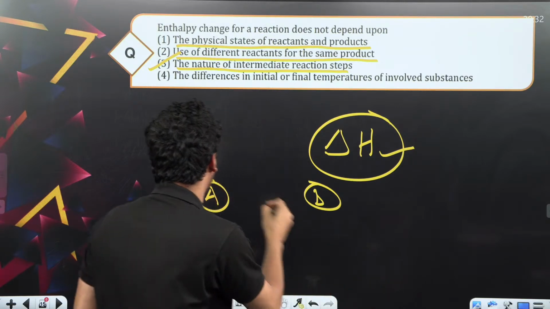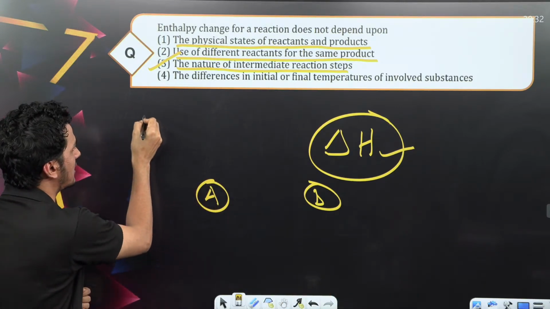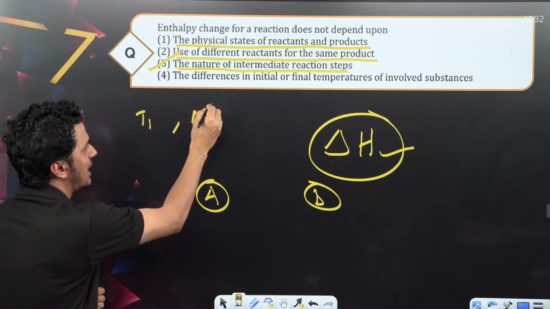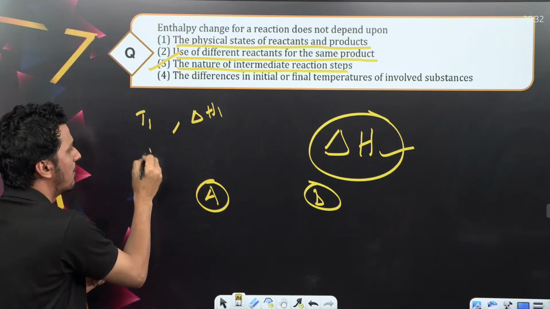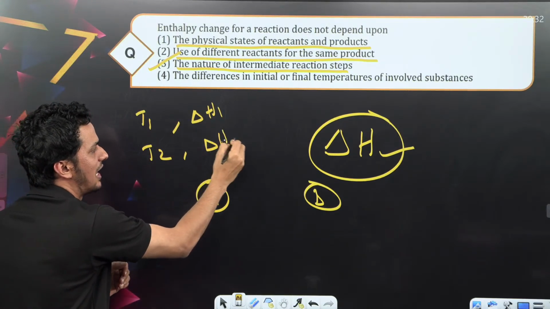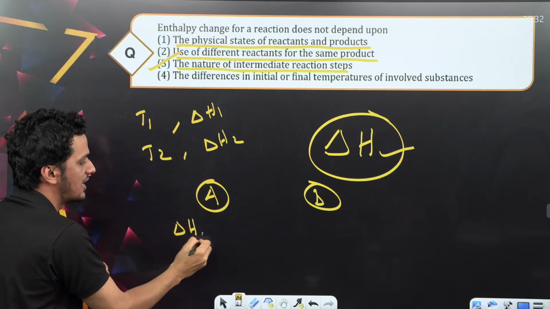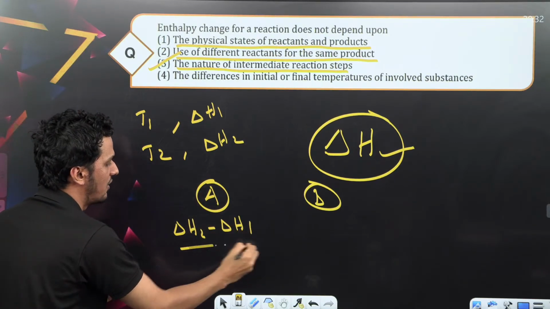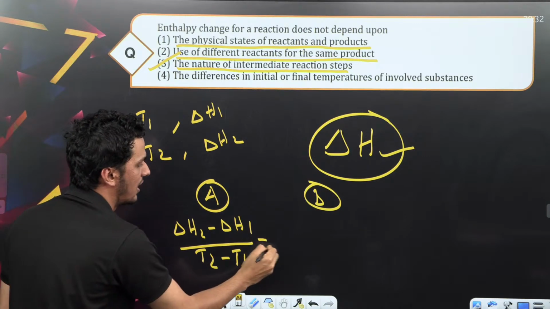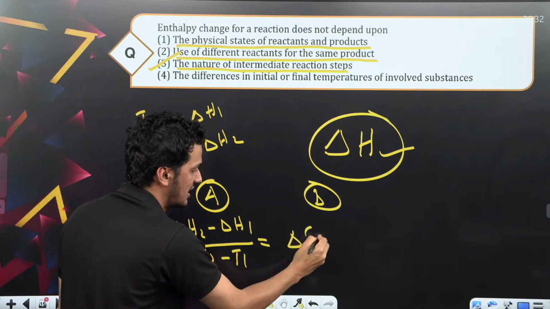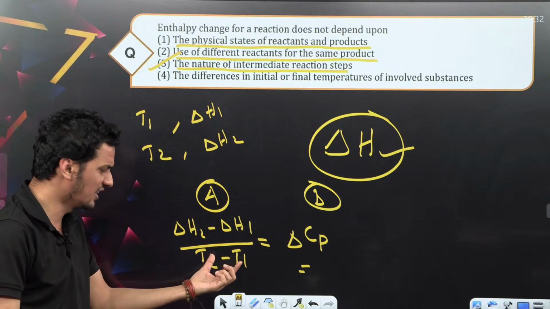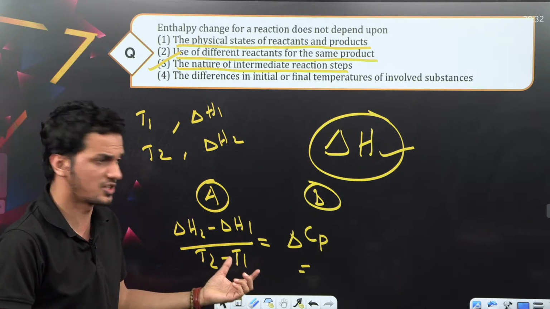At temperature T1, the enthalpy change is delta H1 for the same reaction. At temperature T2, the enthalpy change is delta H2. Then enthalpy change and temperature are related as delta H2 minus delta H1 divided by T2 minus T1 equals delta Cp. That relation is called Kirchhoff's law in chemistry.